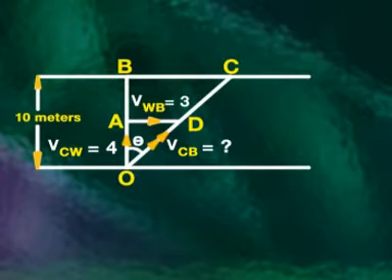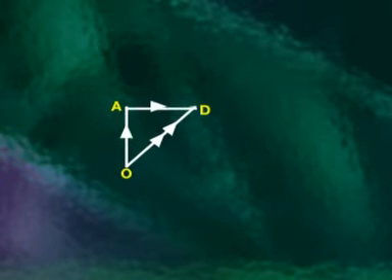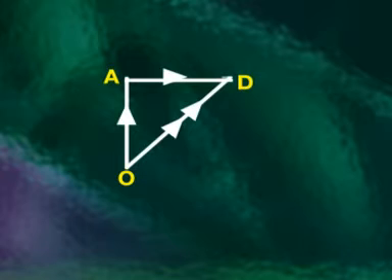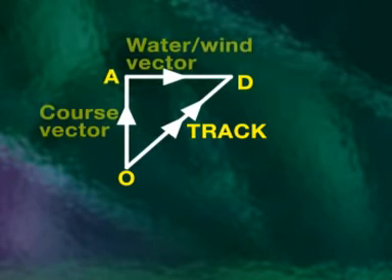Look at the smaller triangle, triangle OAD, which gives an important information. The track is the path actually taken by the canoe or airplane and is the resultant vector, and as usual is represented by double arrows. The course represents the direction in which the canoe is headed.